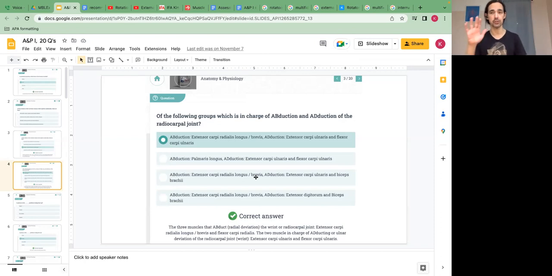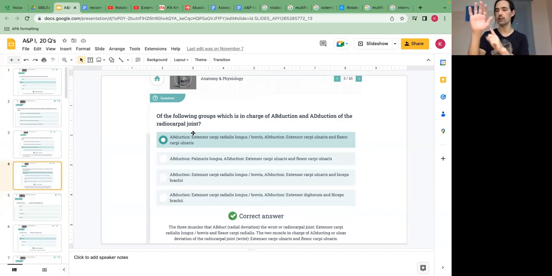Now, how many people, let's see a show of hands, would take one look at this and be like, OMG, I have no idea? I would totally be like that, right? So you have to look at the surfaces on which the muscles are situated. Of the following groups, which is in charge of abduction and adduction of the radiocarpal joint?